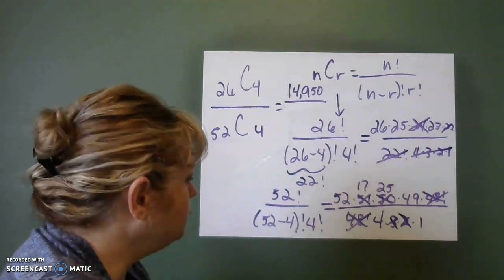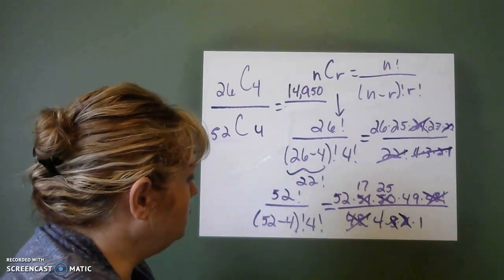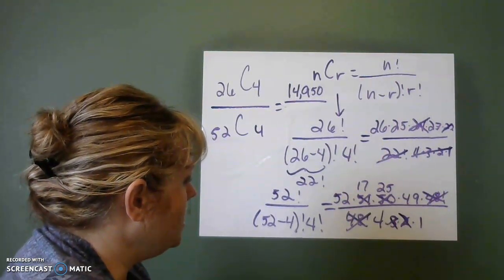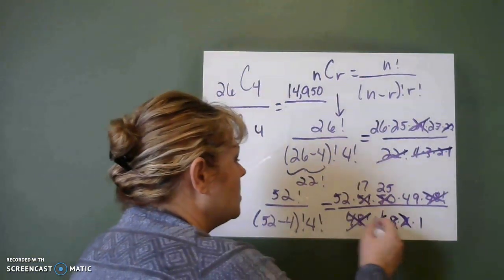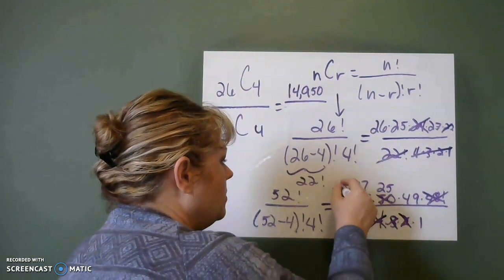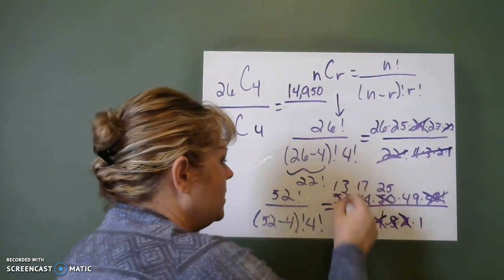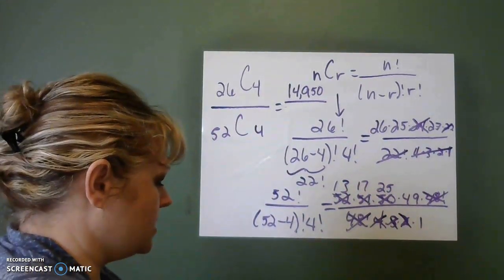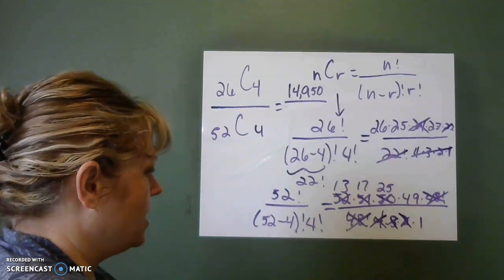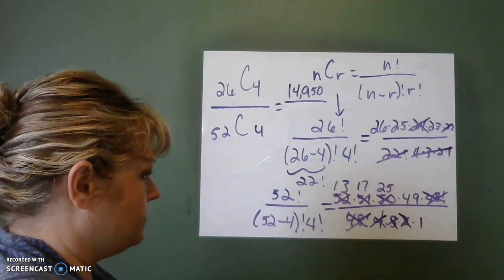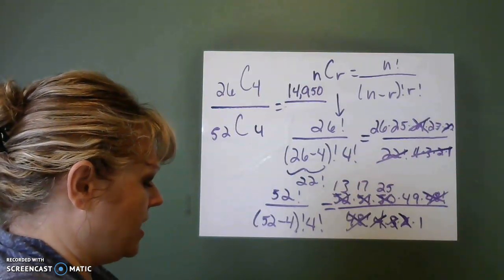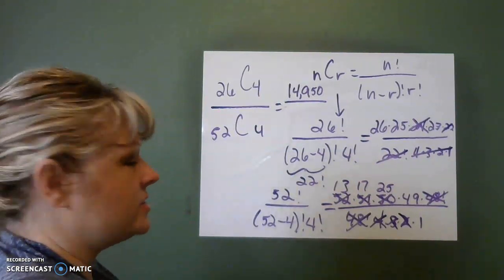Then the 4 will go into 52 13 times. So then my final number here is 13 times 17 times 25 times 49, which is, wow, a big number.